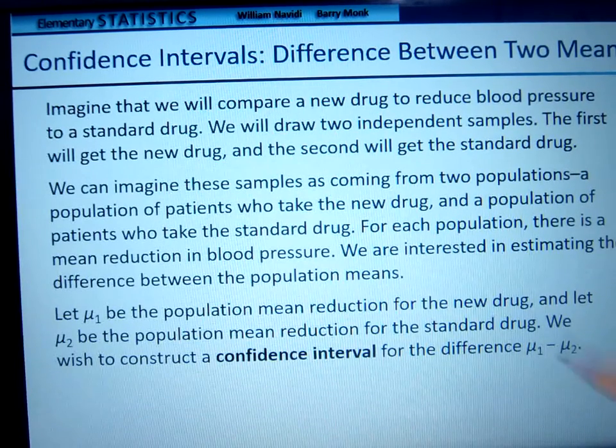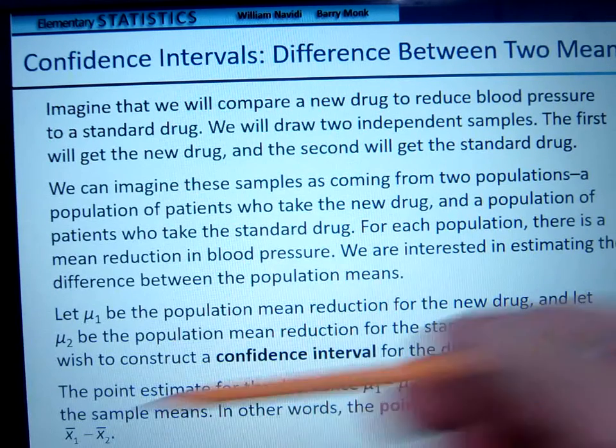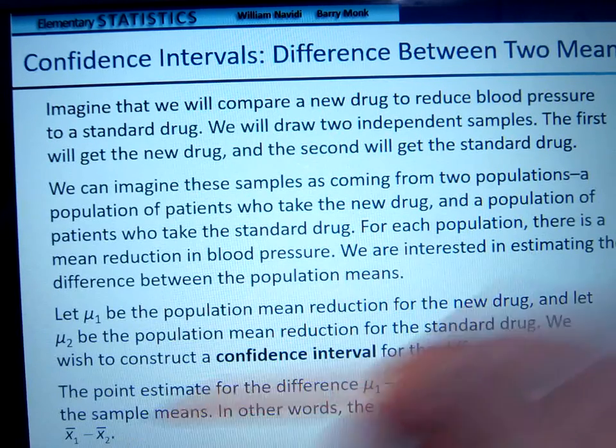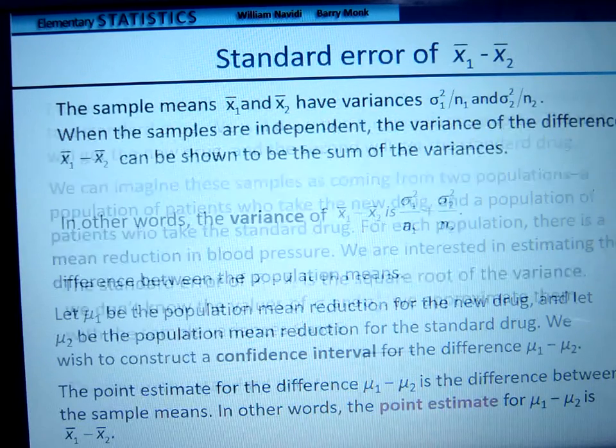We are subtracting them to see if there is a difference between the new drug and the standard drug. So the point estimate for the difference is the difference between the sample means. In other words, this difference is the difference in our samples that we chose. So the difference between the two drugs for this experiment is going to be the difference between the two samples.